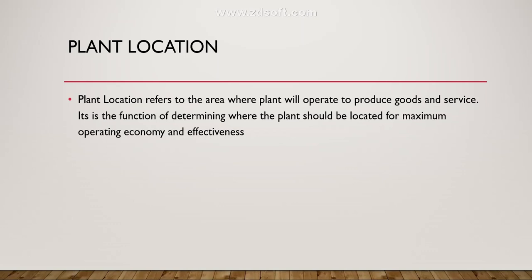It's a one-time investment, and it's the base decision about where you are planning to build your production unit. So it has to be committed, and it is a long-term decision-making aspect of management. We need to be very sure about all the geographical factors which would give an operating economy, in the sense of less cost per unit in terms of production or operations.